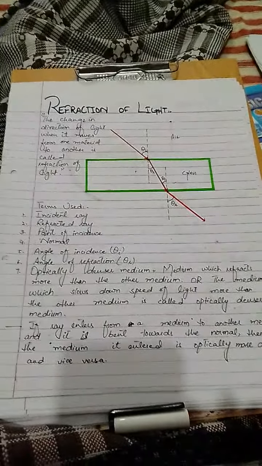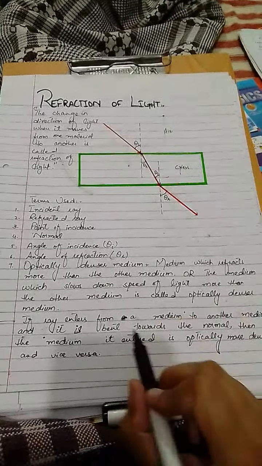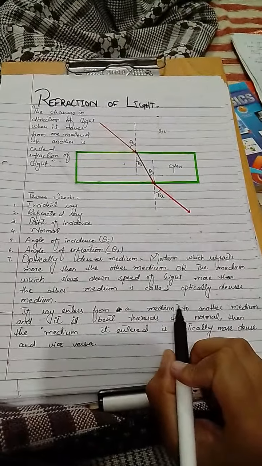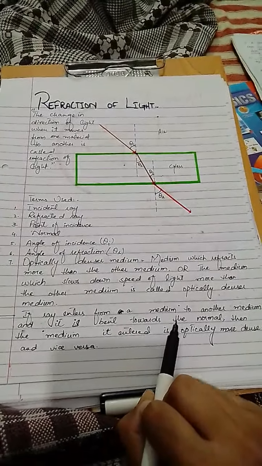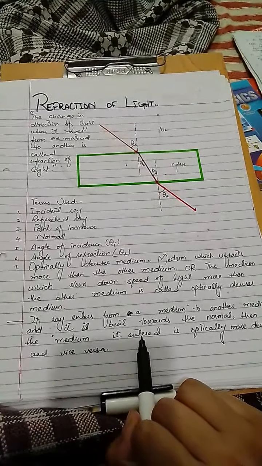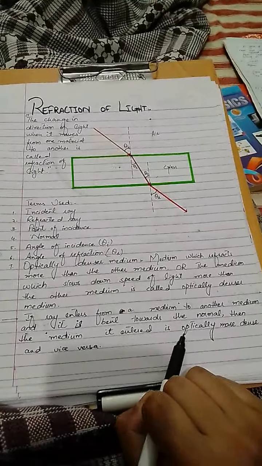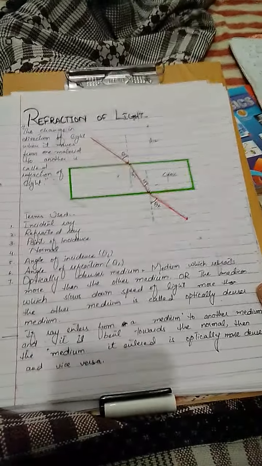Now if a light ray enters from one medium to another medium and it is bent towards the normal, then the medium it entered is optically denser.